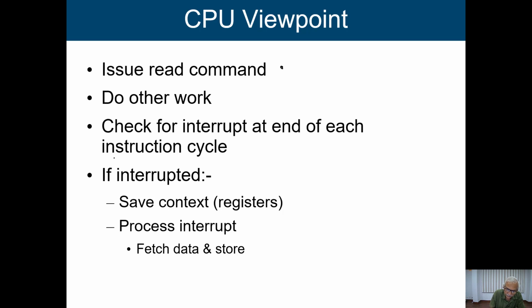One instruction cycle may have several steps, like fetch and indirect cycle. After completion of the complete instruction, it checks for the interrupt. If interrupted, then save context, process the interrupt, perform the I/O operation, then fetch data again and store. Okay, so these are the things that we have to do.